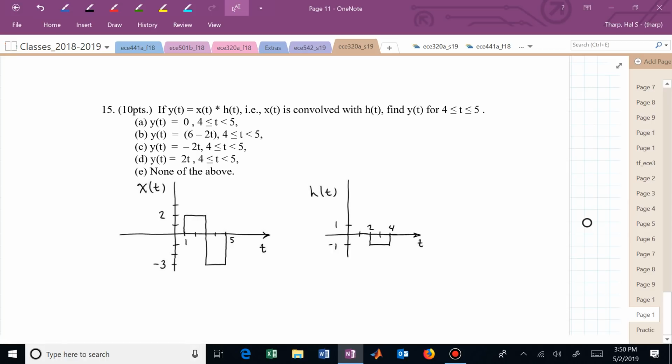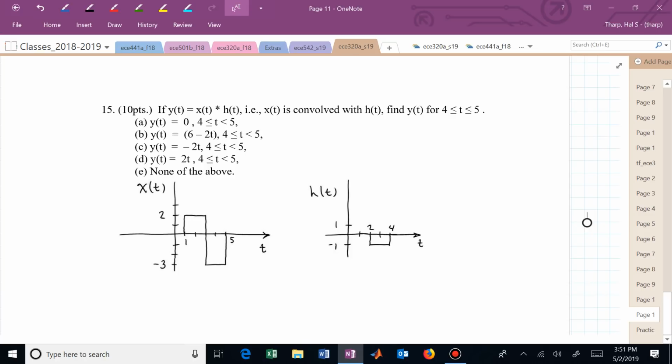If y of t is the convolution of x and h, where x and h are given as explained here, find y for t between 4 and 5. That's okay. You can flip and slide one of these. Which of these would you probably prefer to flip and slide? Probably the one that's not as involved. I would say flip and slide h.